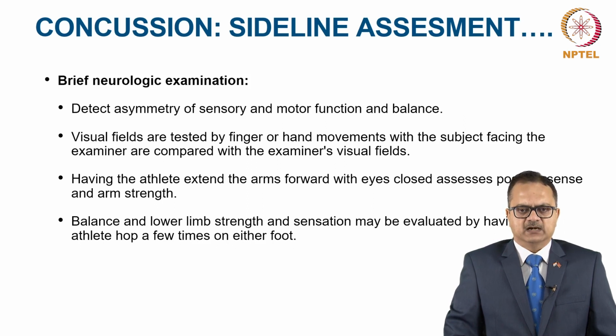Make the athlete stand and extend the arms forward with the eyes closed so that you can assess his joint sense, proprioception, and also his strength. Have the athlete hop forward a few times on each foot to check the balance and lower limb strength and sensations.